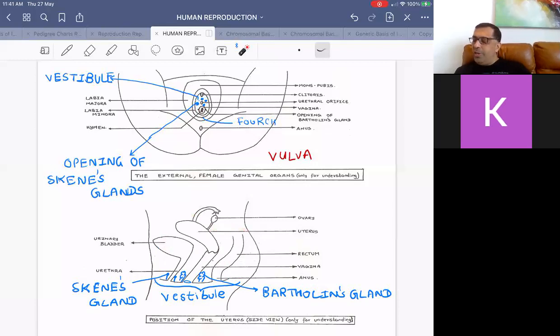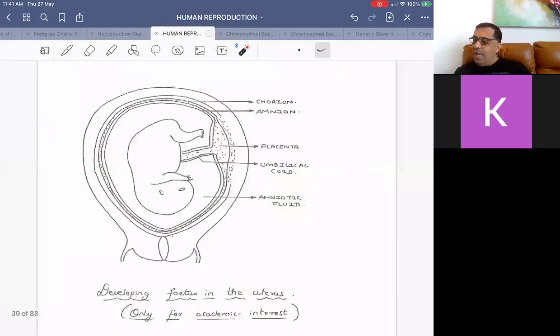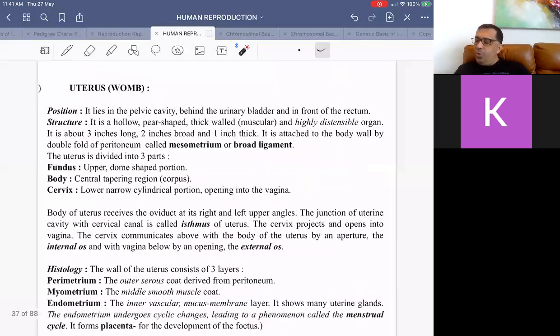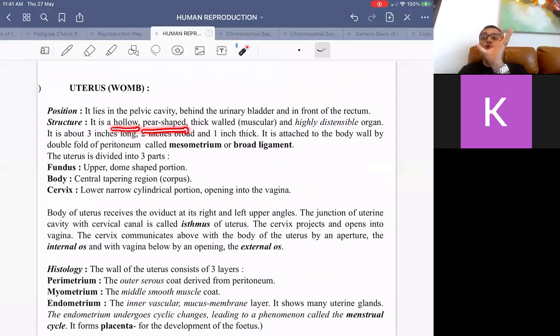The uterus is hollow, empty inside, pear shaped, shaped like a pear fruit, like an electric bulb, broad above and narrow below. It is very muscular and very, very distensible.